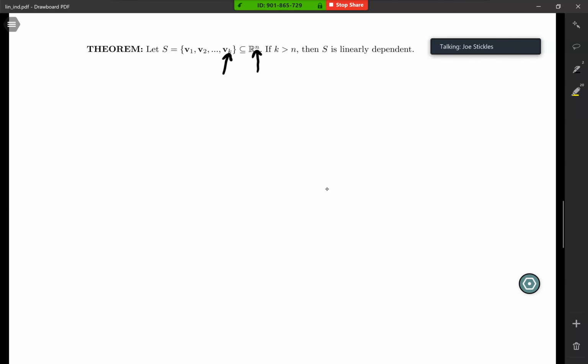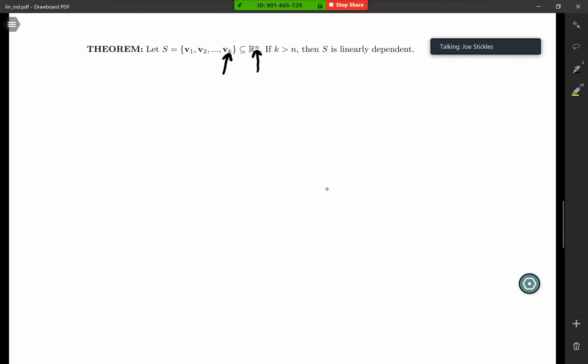So before we even try to write down a proof, and the proof's going to go back to our systems of linear equations stuff, let's just think about why this must be the case. If we think about something that's in Rn, to get coordinates, I just need n spots for coordinates, right? And I mentioned before that one of the reasons why we care about linear independence is that we can start thinking about coordinates. Well, this gives you more information than you could possibly need for coordinates.